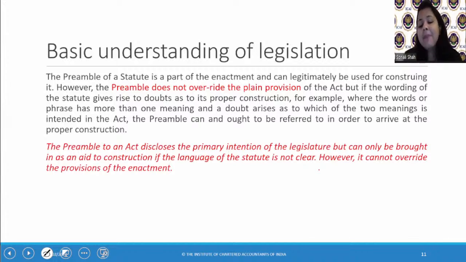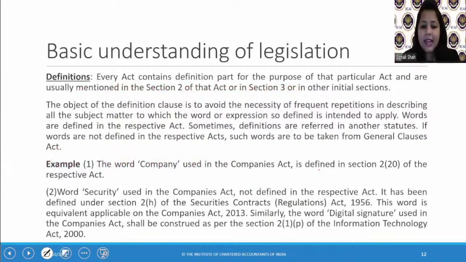So the preamble very much discloses the intention of the legislature, and it can be brought as an aid to construction only if the language of the statute is not clear. However, it can never have an overriding effect. It can only act as an aid of construction, but it can never have an overriding effect. Correct? Is that clear?